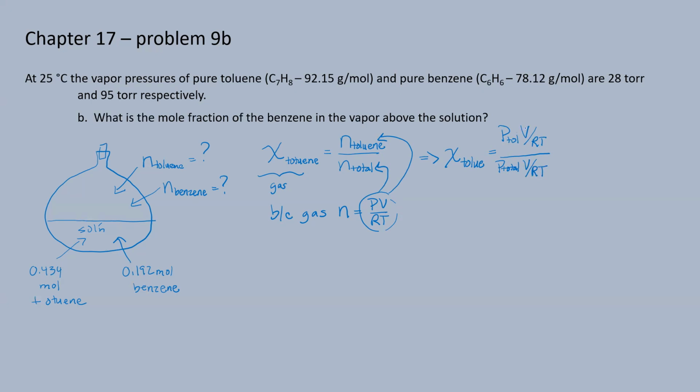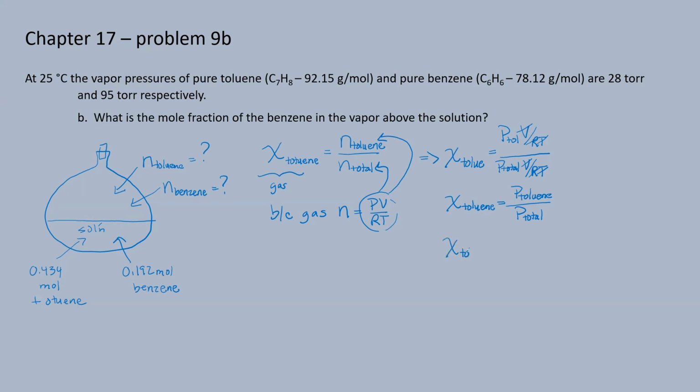Well, the volume is the same, R is the same, T is the same. So the mole fraction of the toluene is just the pressure of the toluene over the total pressure. Now we actually learned this in Chem 1A. This is called Dalton's law.